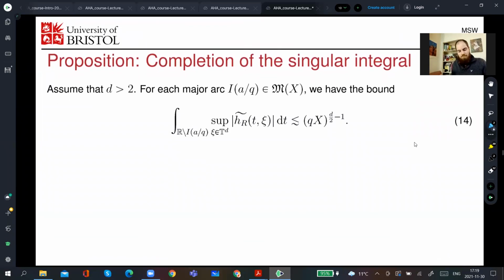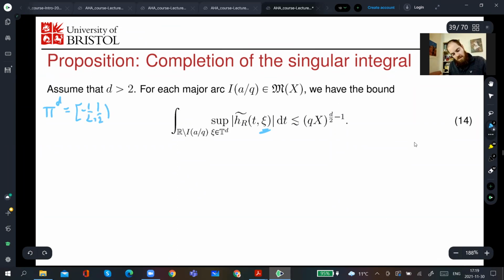I claim that when I look at the Fourier transform of little h_R at a point c, and I take the supremum over all possible c in the torus, here identifying T^d with -1/2 to 1/2 in every direction, and I integrate that outside of that little arc around 0, I get this bound.